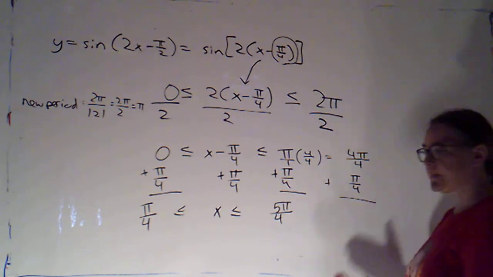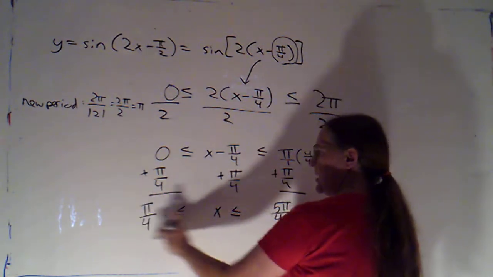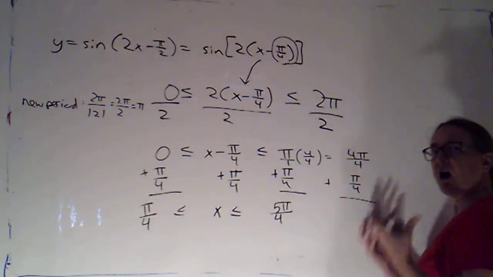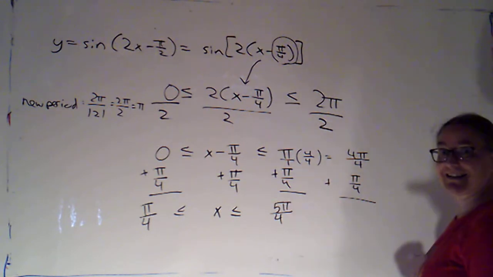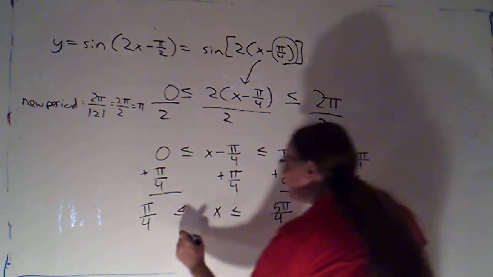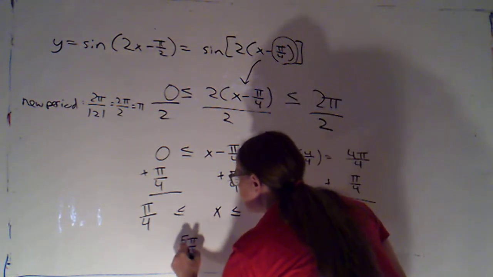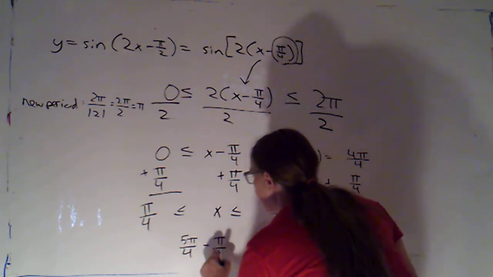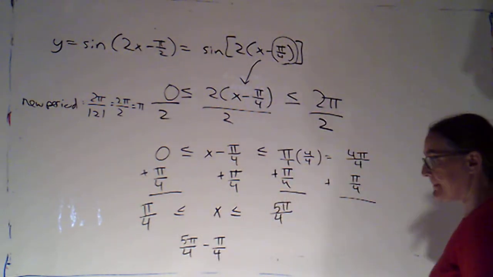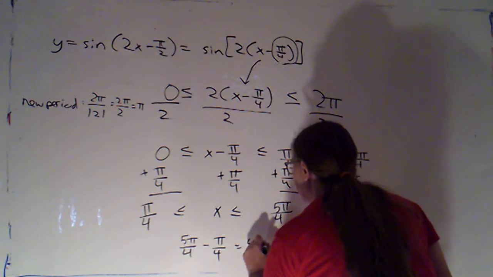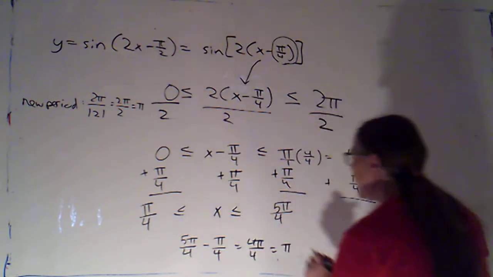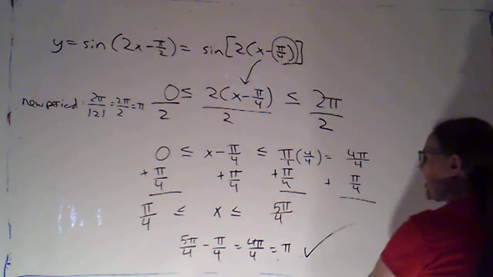But the period is supposed to be the length of the interval over which this function does its thing. I could calculate that by taking my ending point and subtracting my starting point. That would be 4 pi over 4, which is pi. It checks.